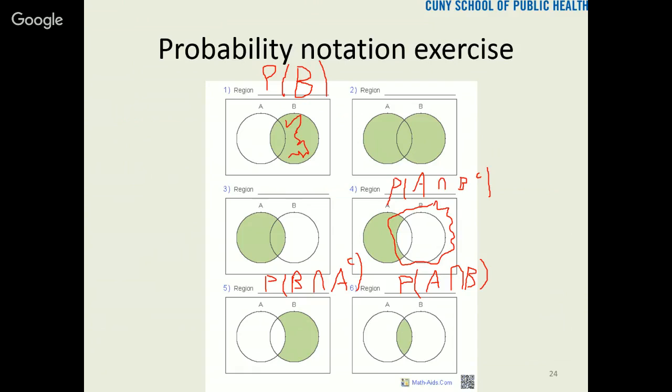So let's say these are two events. Each of them has one outcome that's represented by the Venn diagram, and then everything else. So A could be having cancer, B having diabetes. Then this would be the probability of having cancer but not diabetes.